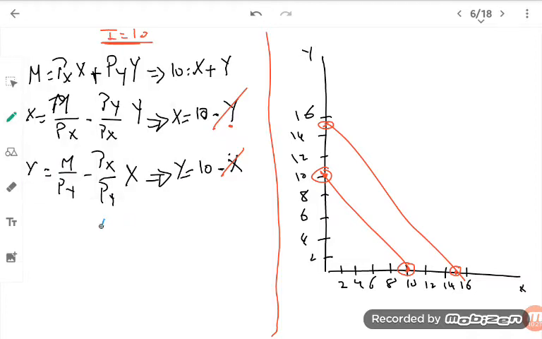Okay. Situation number 2, which is income equals 20. We are going to calculate the 3 equations again.